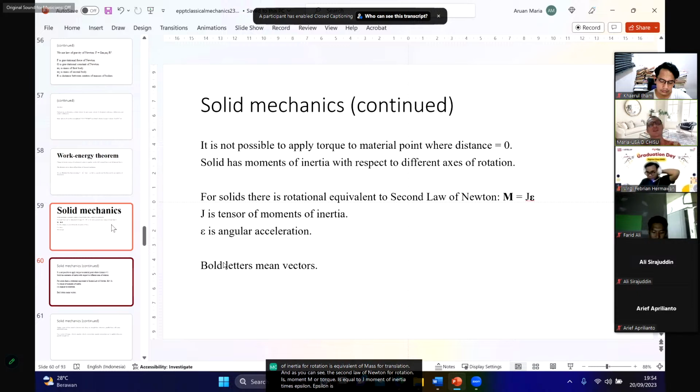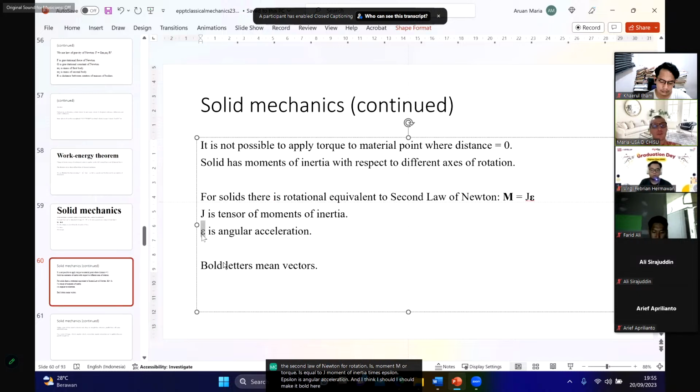Epsilon is angular acceleration. And I think I should make it bold here. It's a vector, angular acceleration. It says how quickly you accelerate motion, for example, around the circumference. Before, we talked about constant velocity, but this time velocity can increase, so there can be angular acceleration of a solid, and even of a material point as well.